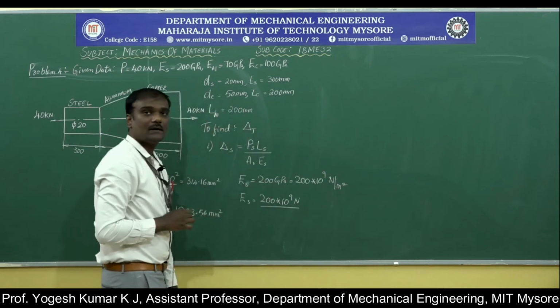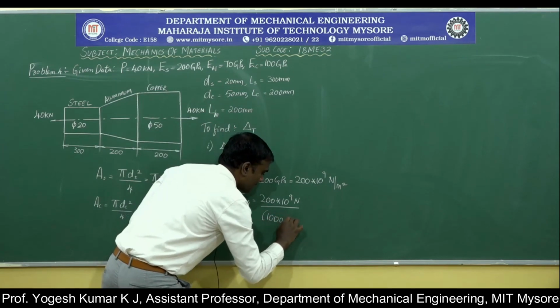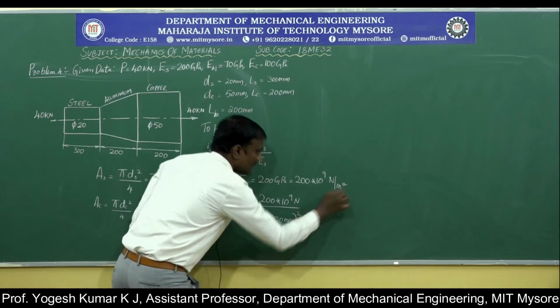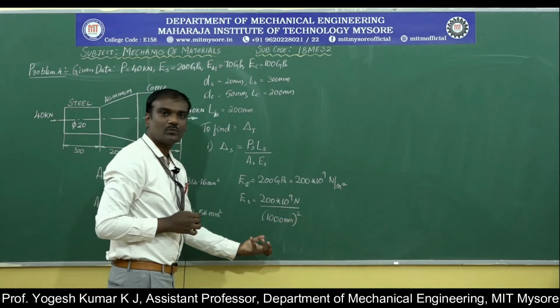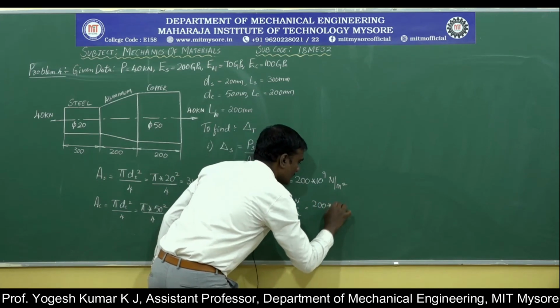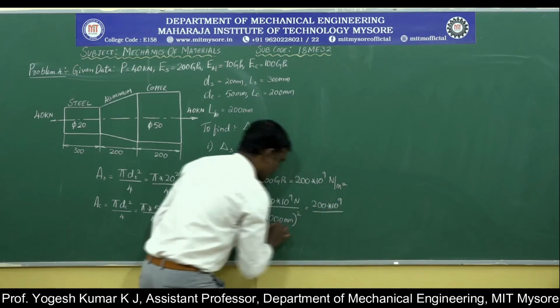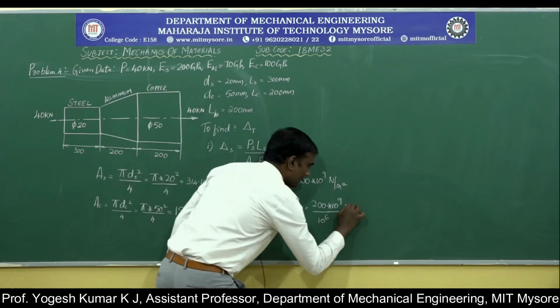So 1 meter is 1000 millimeters, and we have meter square. So 1000 millimeter is nothing but 1 meter. 200 into 10 power 9 divided by 1000 square, which is 10 power 6.